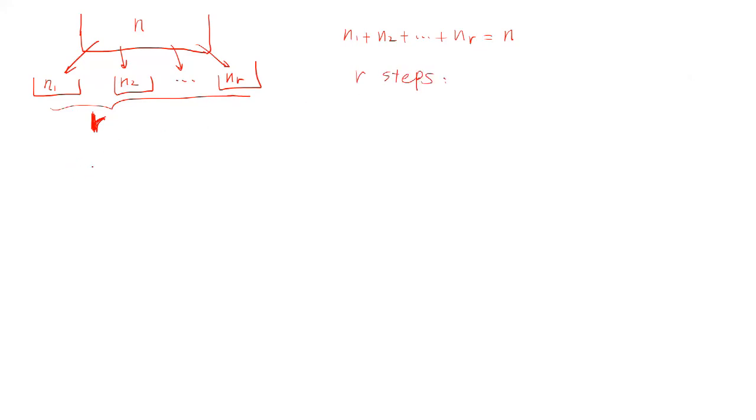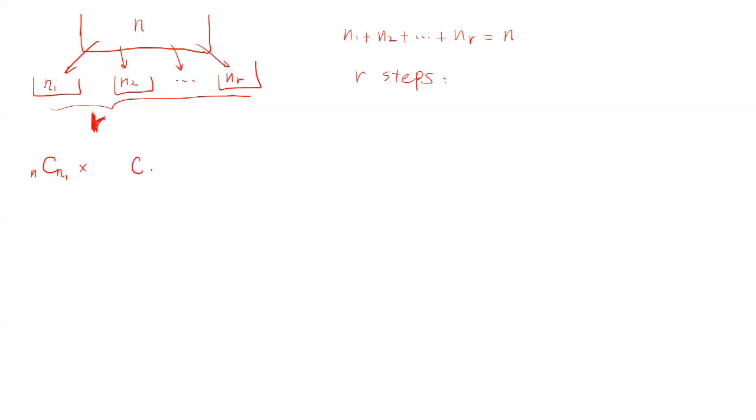For the first step, how many ways can we complete it? The first step is to choose n1 out of n, right? So there are C(n, n1) ways to complete the first step. How about the second step?